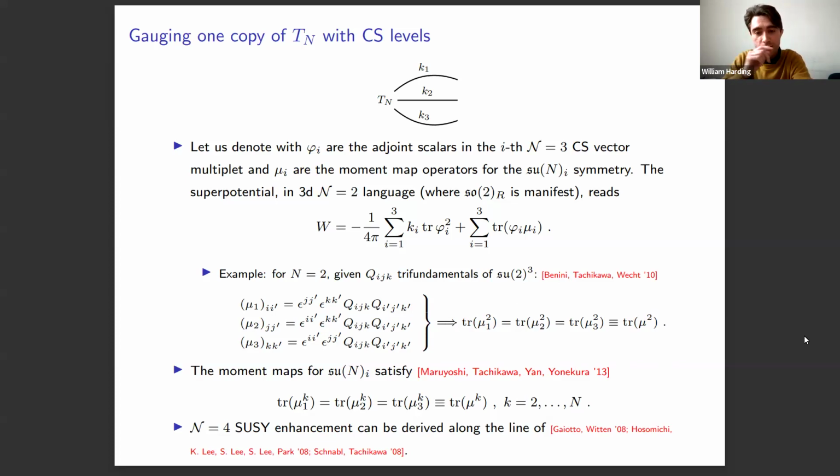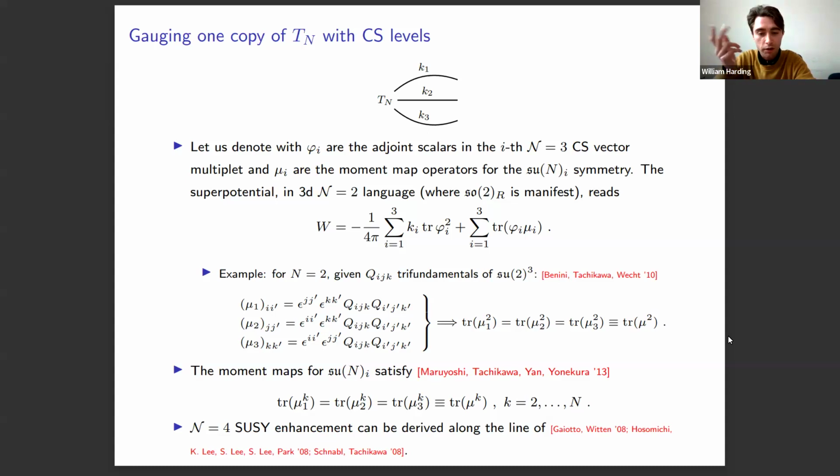The important fact is that this relation satisfied by the moment map operators can be generalized to the general n case, so to Tn. And in this case, we have that trace of mu1 to the k is equal to trace of mu2 to the k, which is equal to trace of mu3 to the k, where k goes from 2 to n.